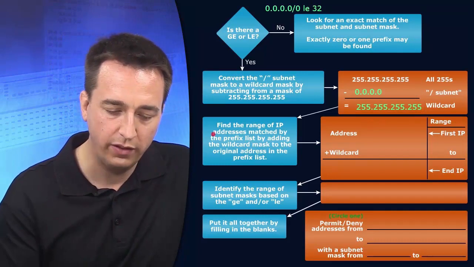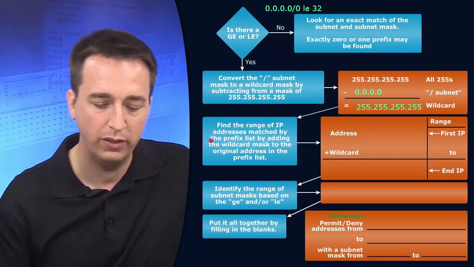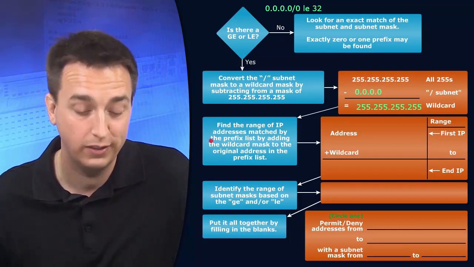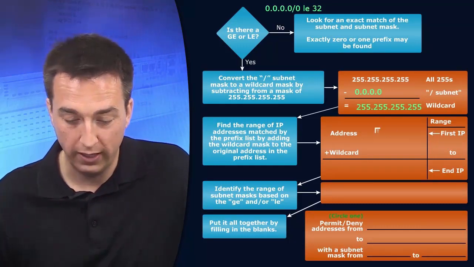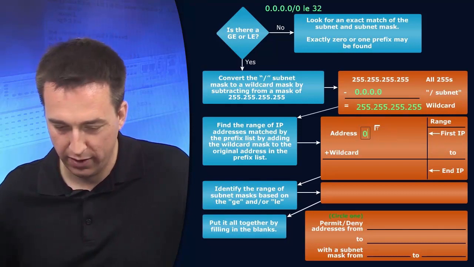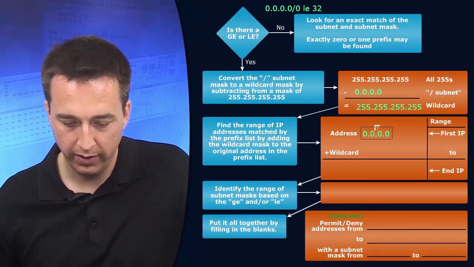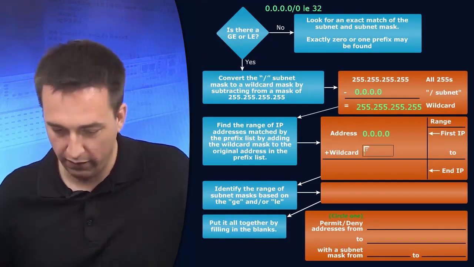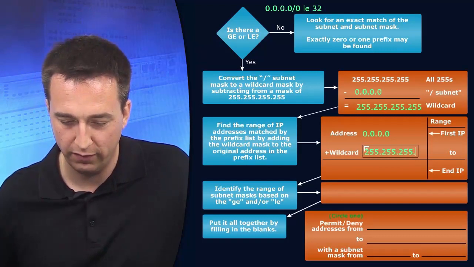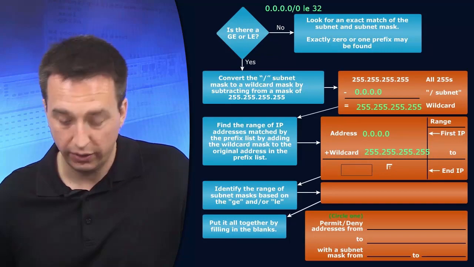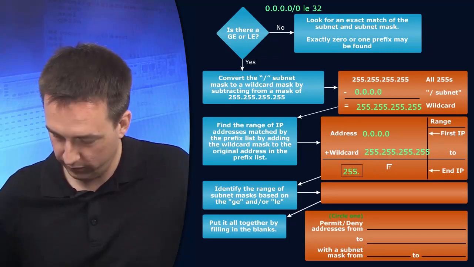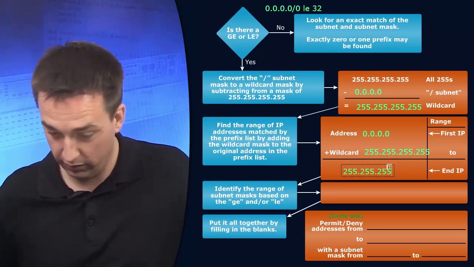So it's all 255s, the wildcard mask. It then says find the range of IP addresses matched by the prefix list by adding the wildcard mask to the original address in the prefix list. Let's do it. Just walking through the steps, filling in the blanks. 0.0.0.0. Wildcard mask 255.255.255.255. And then, what's the ending IP? 0 plus 255 is 255. 255, 255, 255.